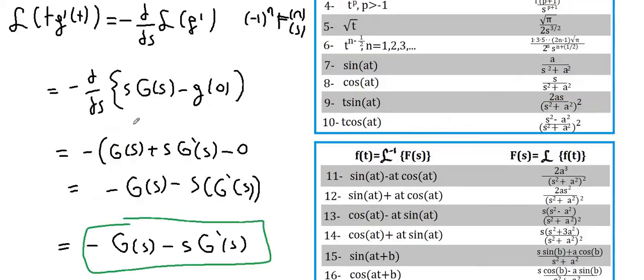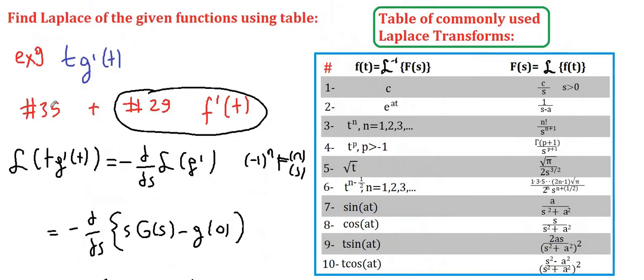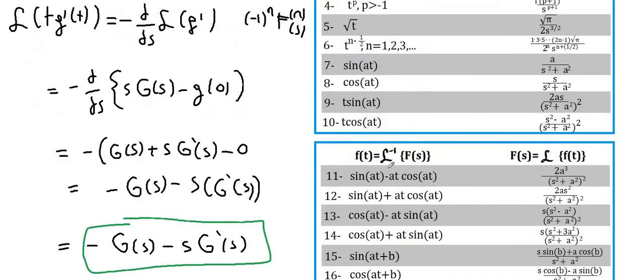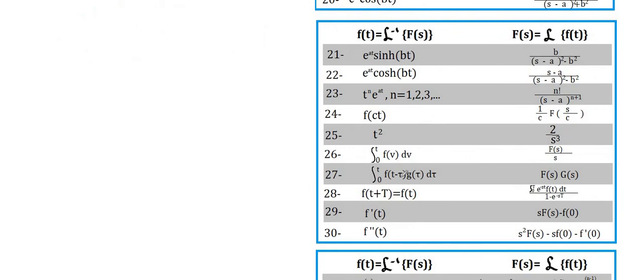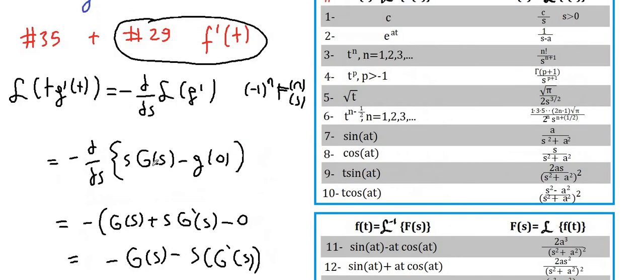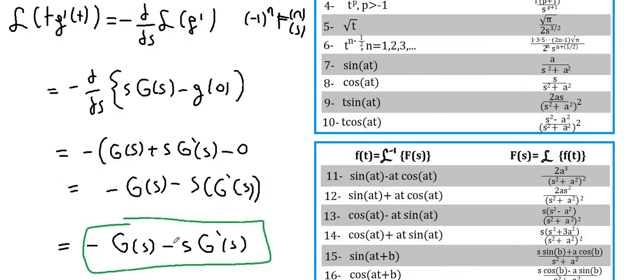All we did here was, starting from number 35, obtain the Laplace of t times g prime of t, and then we applied number 29 because in our case g prime of t is our f prime of t, which is the formula of number 29. And if you carefully use the algebra, you obtain this.